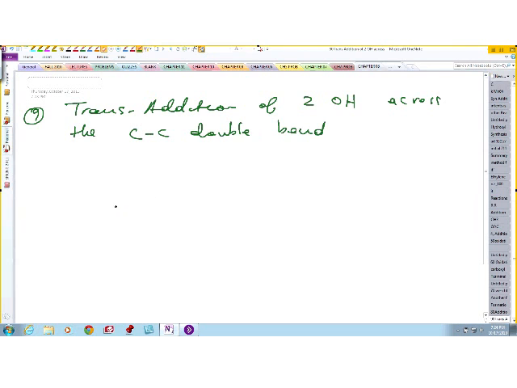If you want to do that, you take an epoxide and you add dilute acid, in this case hydronium ion.